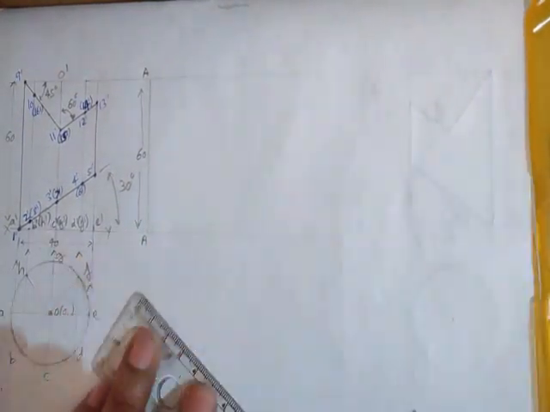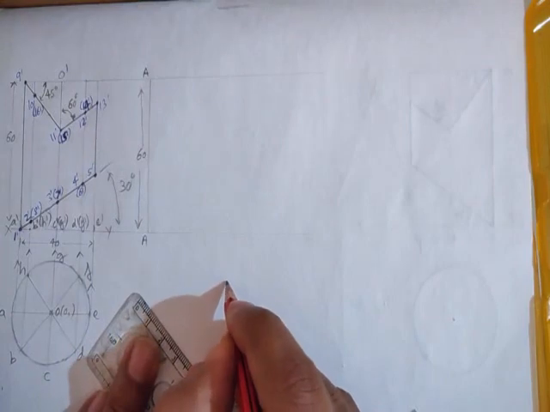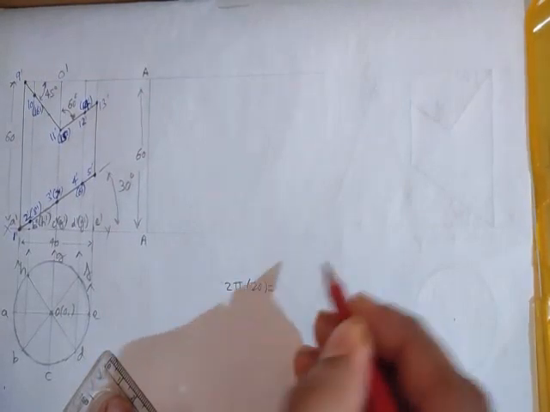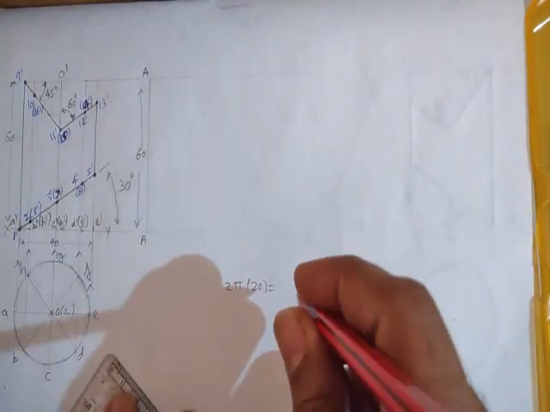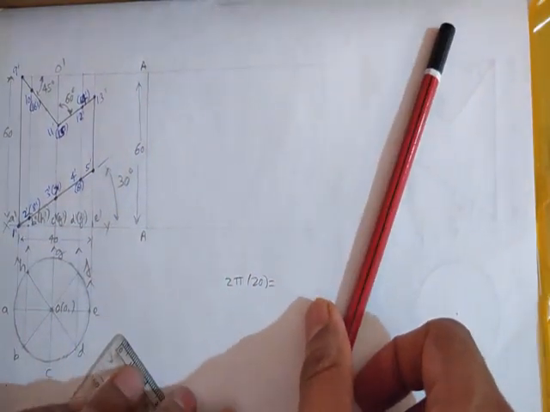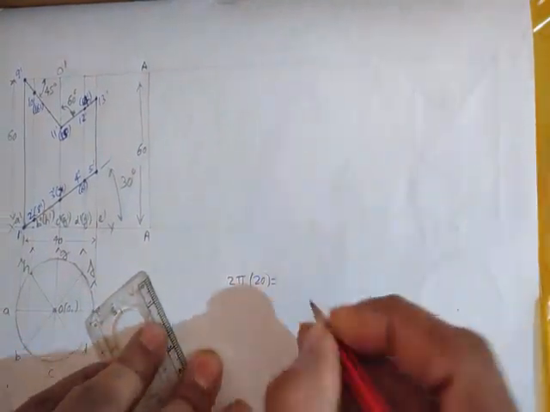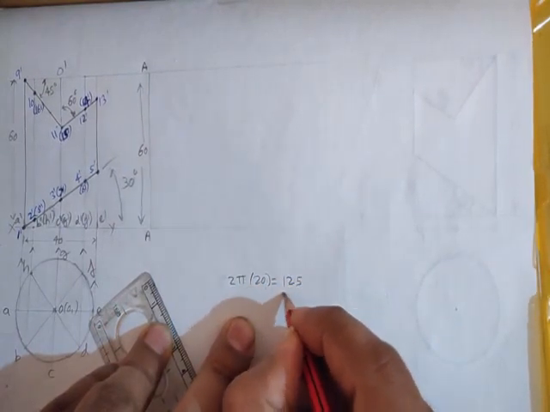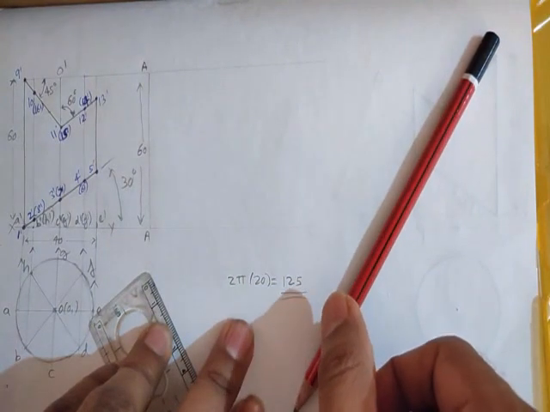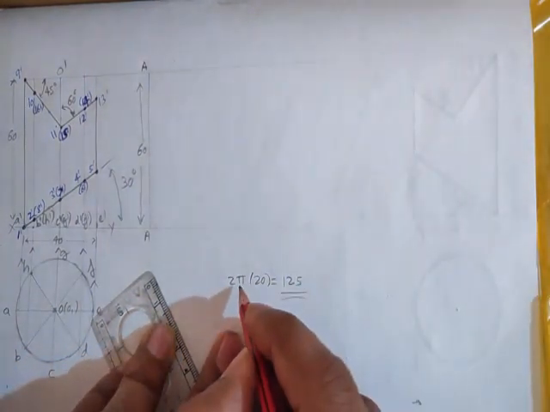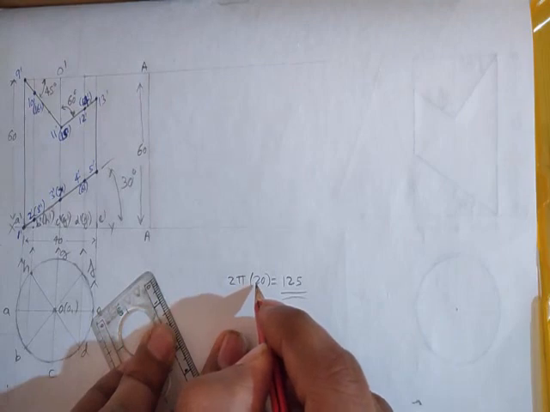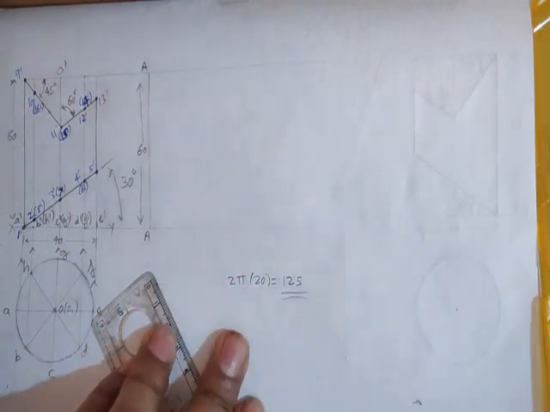So the length is the circumference of this circle, which is 2 pi r, and r here is 20. So 2 pi into 20 comes to around 125 mm, because you have 2 pi, that is 6.28, into 20, so yeah, around 125 mm.